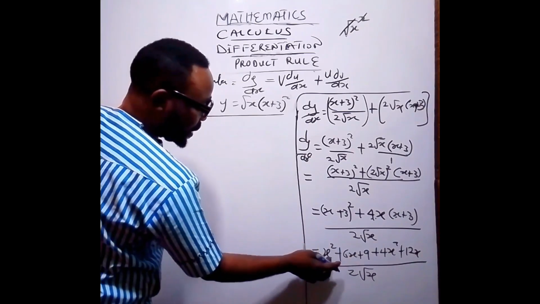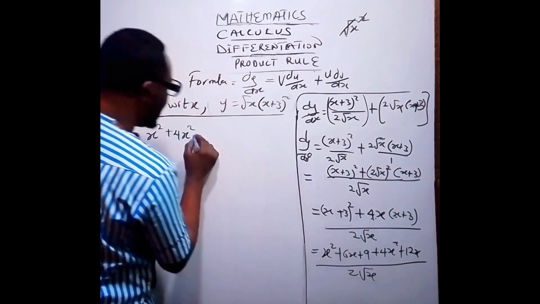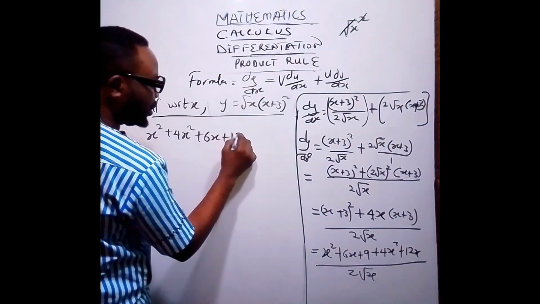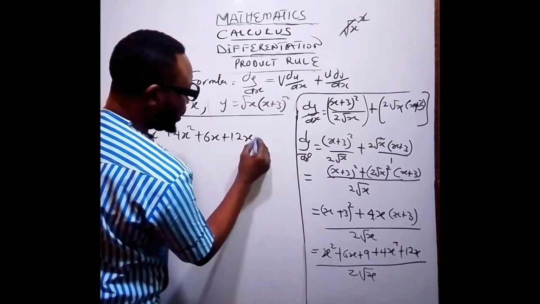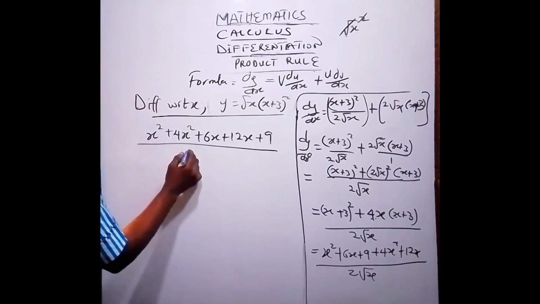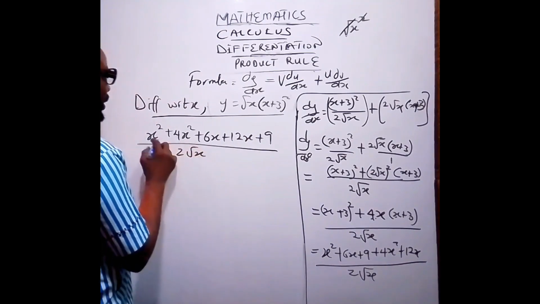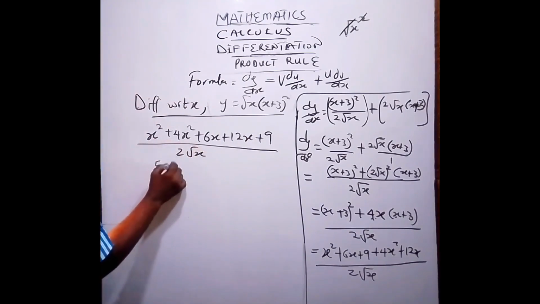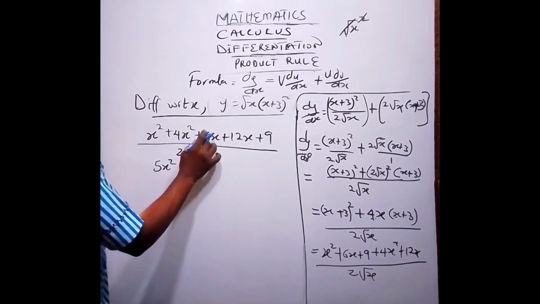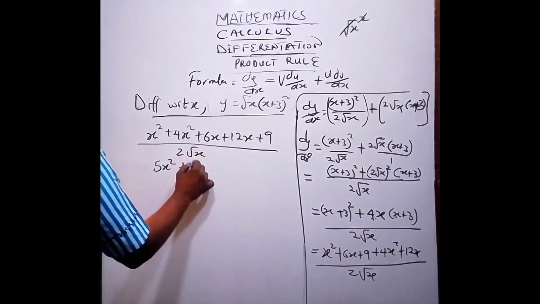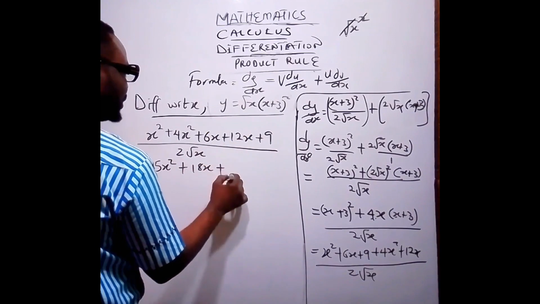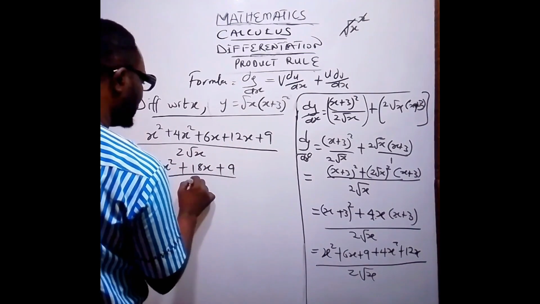What other like terms? 6x plus 12x plus 9 all over 2 root x, which is going to be equal to 5x squared plus 6 plus 12, that's 18x plus 9 all over 2 root x.